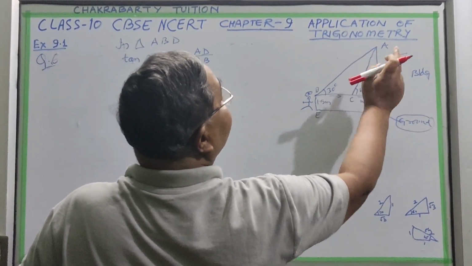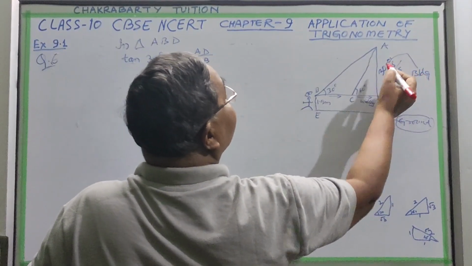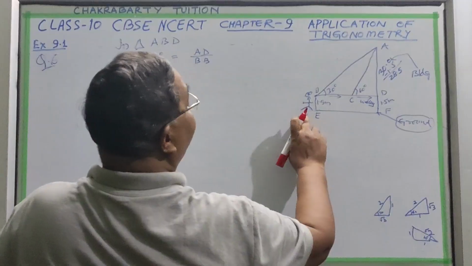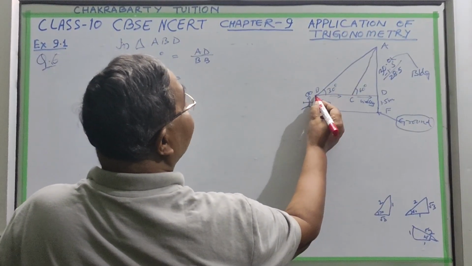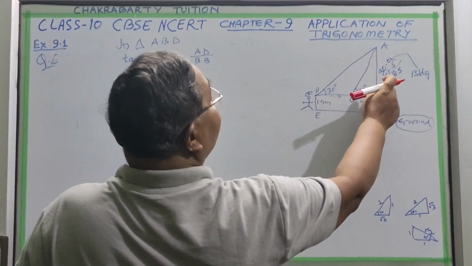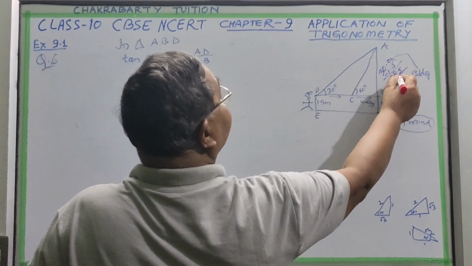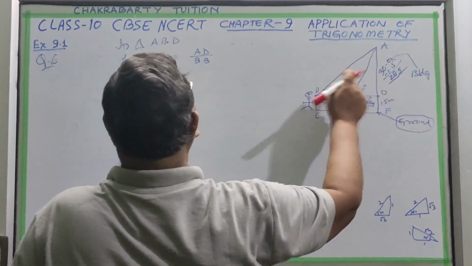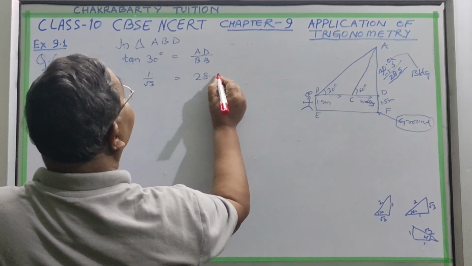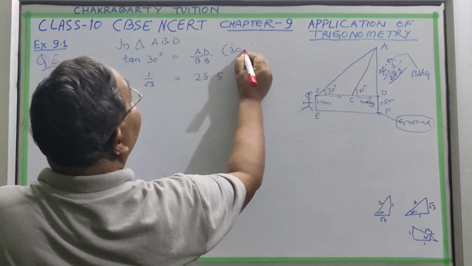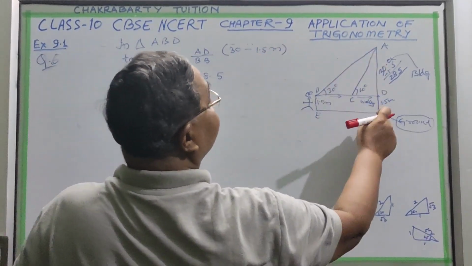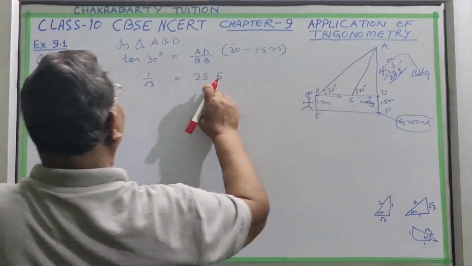The building's height is 30 meter, and the boy is 1.5. His eyes are here. So what will be the height? The height will be 28.5 meter. AD is 30 meter minus 1.5 meter, so 28.5.